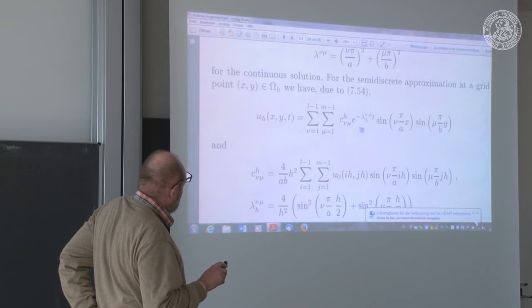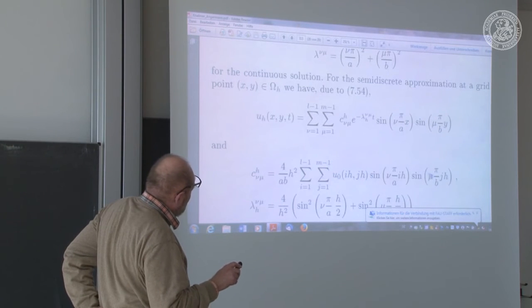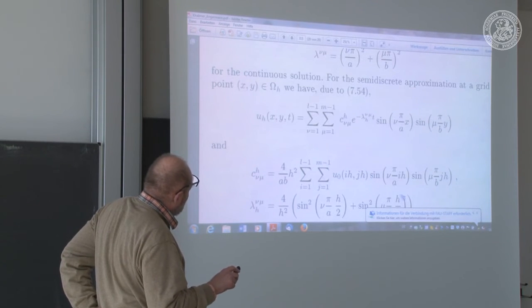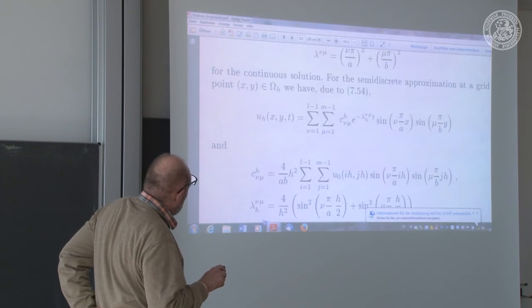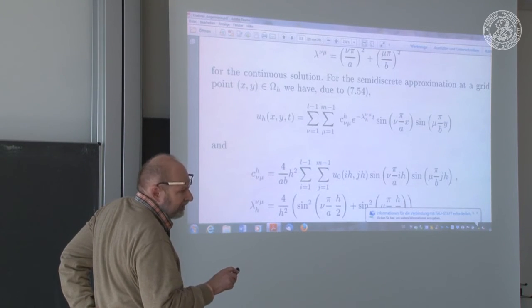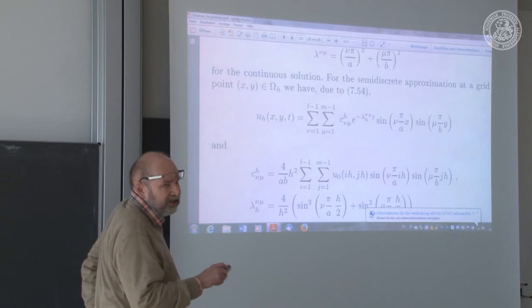The Fourier coefficients are the scalar product of the function to be represented and the corresponding eigentuple, eigenvector. So this is the scalar product from here to here. This is the scaling factor as we just have computed it. And this is the formula for the eigenvalues. So this is the solution representation in the spatially discrete case.